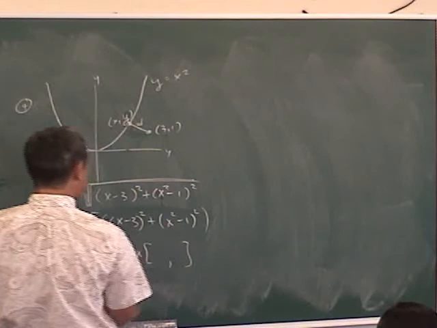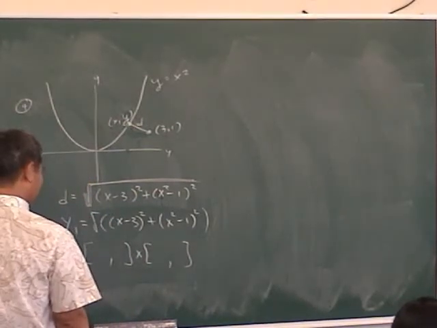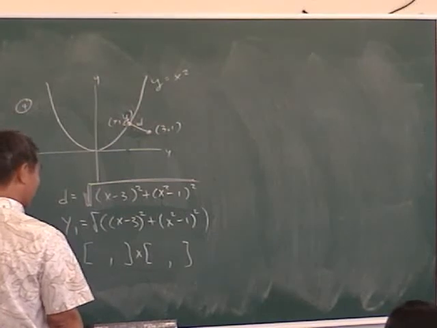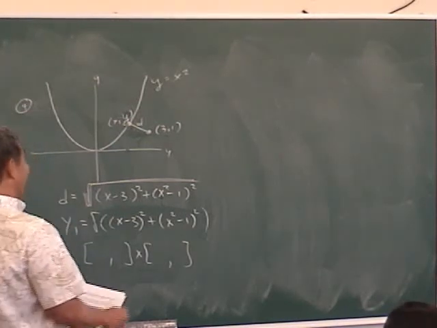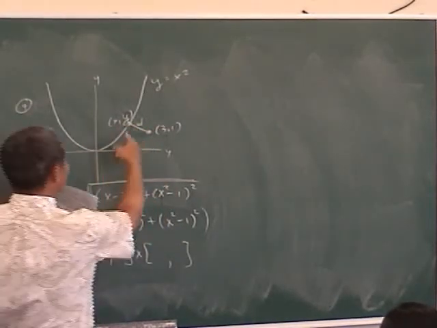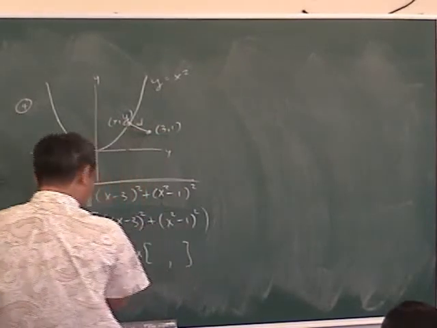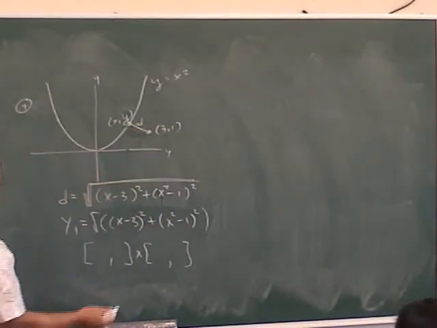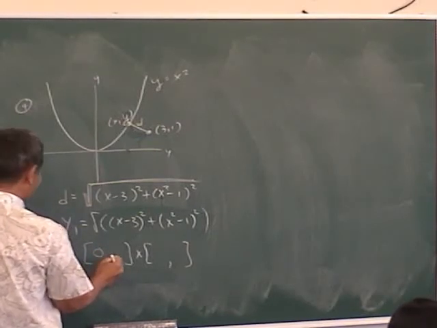What does x represent in this problem? It represents the x-coordinate of the point on the parabola. Now look at this point. It's obviously in the first quadrant, right? So what do you think would be good bounds for x min and x max? 0 is a good one, 100 not so good.